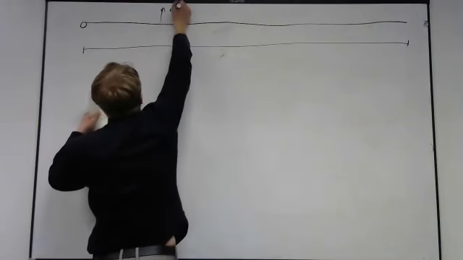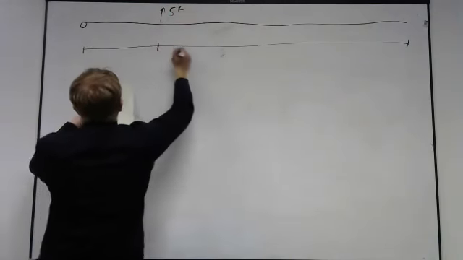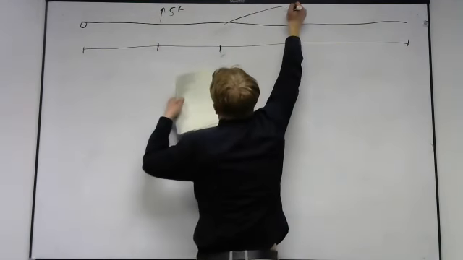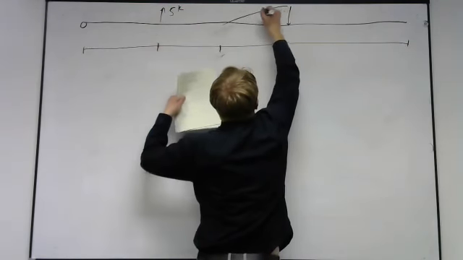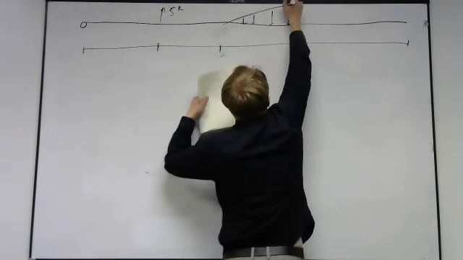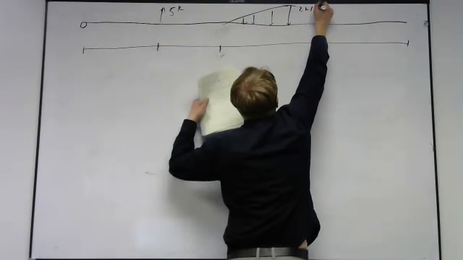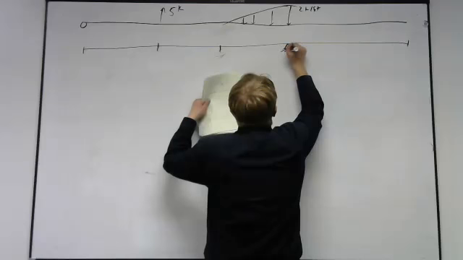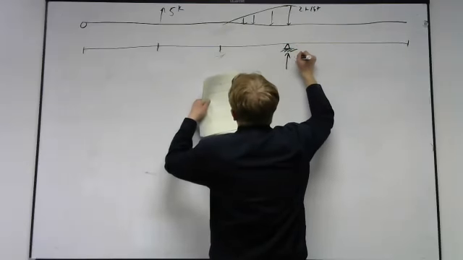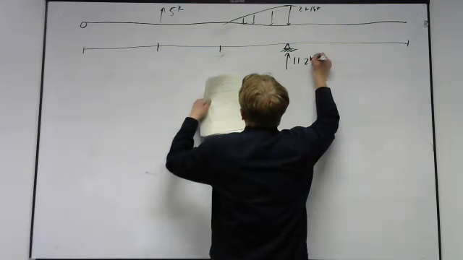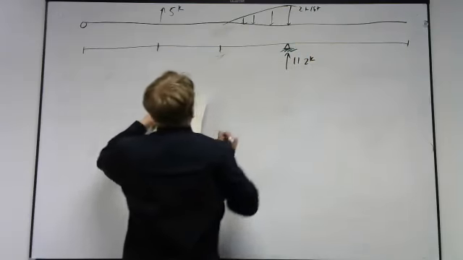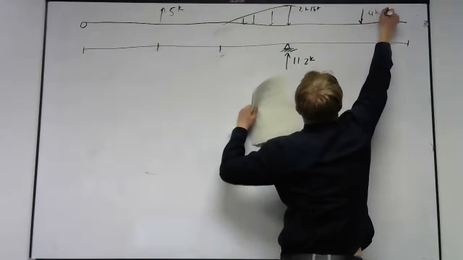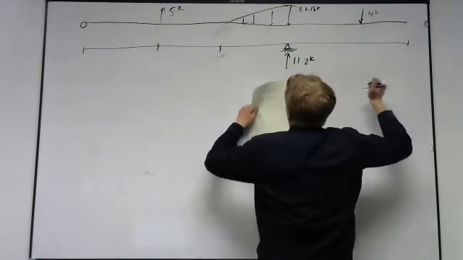Got a load here, 5 kips. Got space here. This height is 2 kips per linear foot. Got a reaction here of 11.2 kips. And I've got one more force, 4 kips. This is a free end.